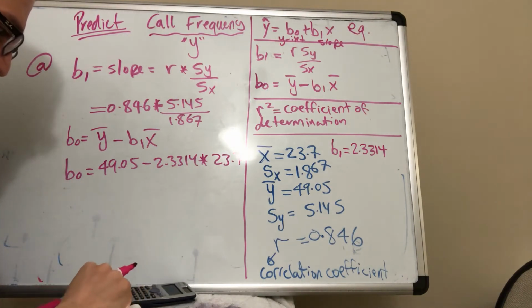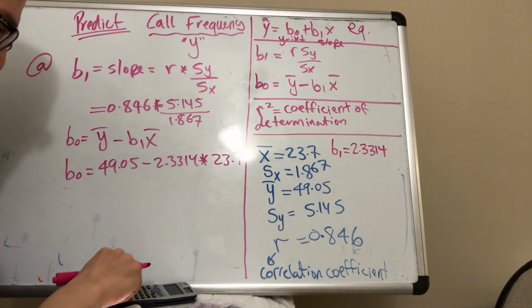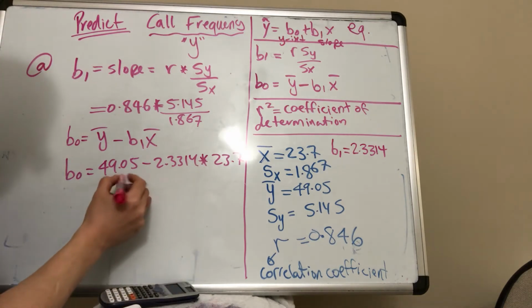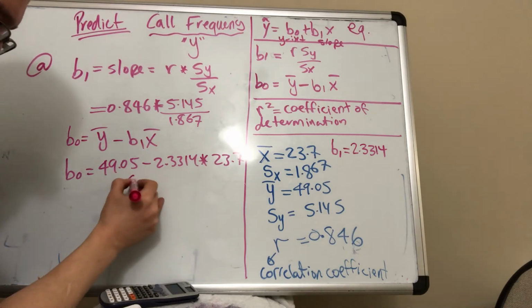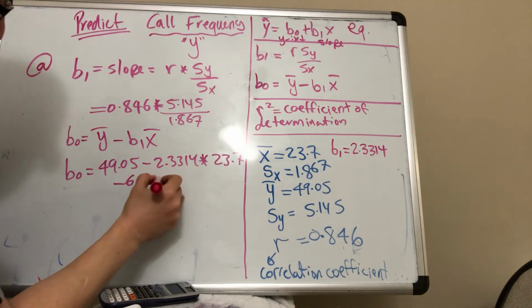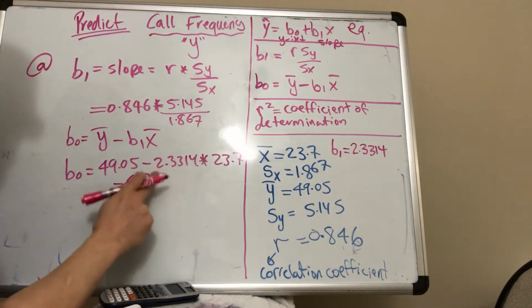So you do the calculation for this. And that would be negative 6.2 roughly.